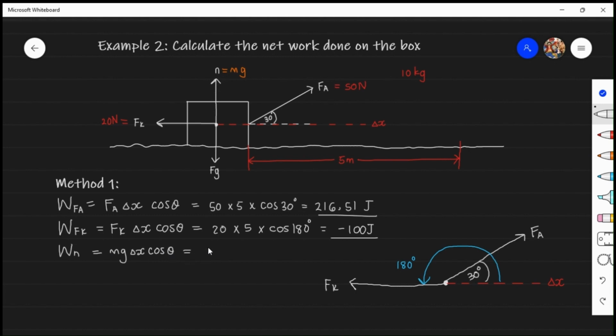Now, something important to take note of is that normal force is perpendicular to the surface on which the object is traveling, and our surface is parallel to our displacement. Therefore, normal force is perpendicular to our displacement. You can also see that in our diagram.